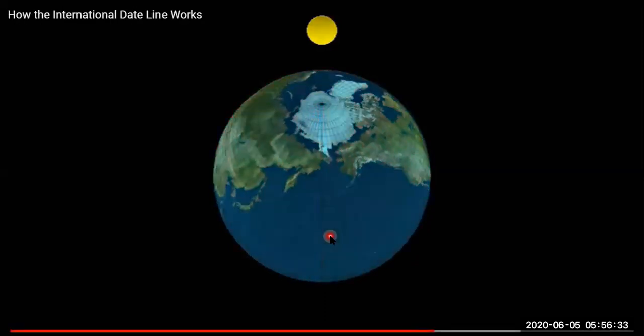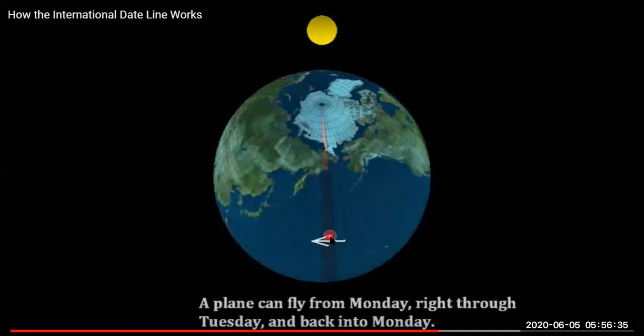Here it completes 360 degrees. A plane starts from here and completes a full round trip of the globe, 360 degrees. It starts from zero and completes one rotation, so a plane can fly from Monday right through Tuesday and back into Monday.